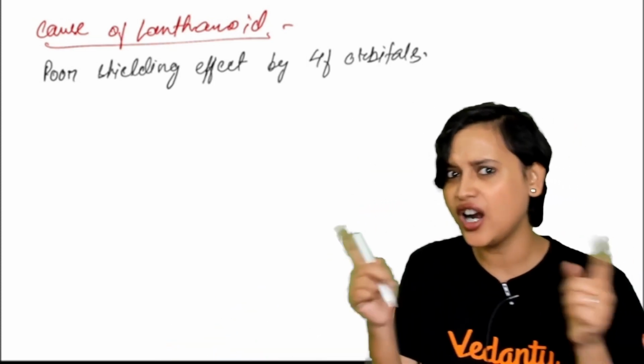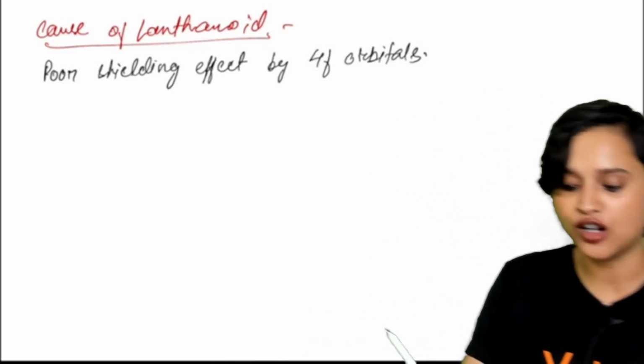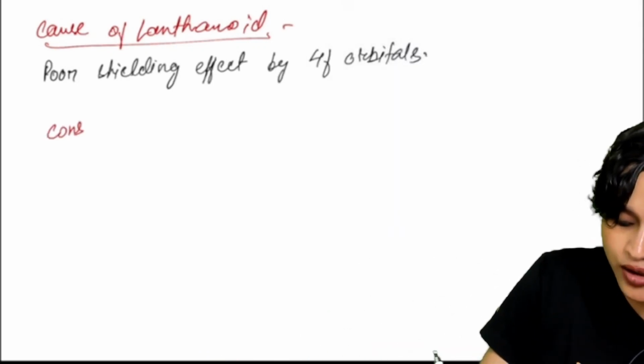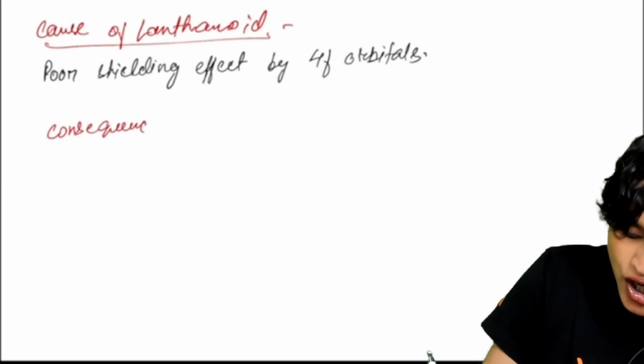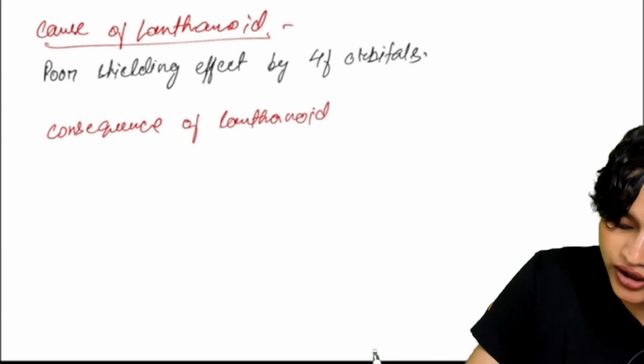It's very hard to separate them, and that, my dear student, is the consequence. So let's write that down also. What is the consequence of lanthanoid contraction? Let's write that as well.